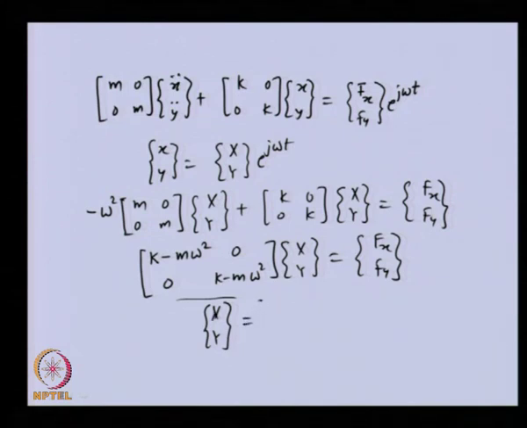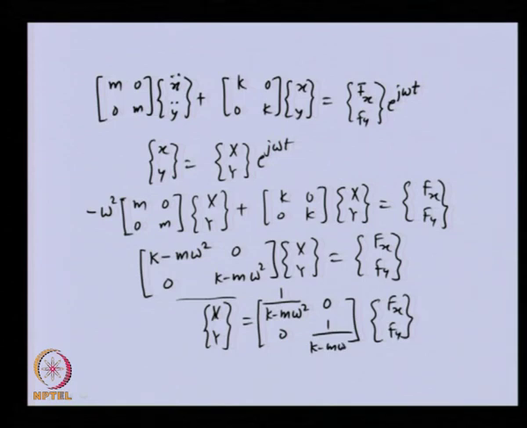If we want to invert this matrix and multiply with the fx and fy, inversion is simple. Just we need to put this in this form. So this is the inverse of this particular matrix.